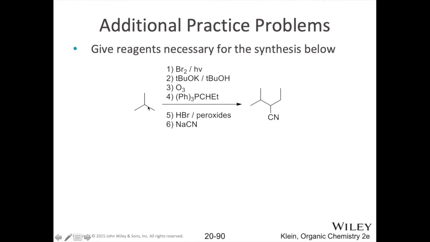You basically get a carbonyl coming off of this. If you're having trouble seeing this, once you add the ozone, you're effectively making this intermediate after the ozone step. So here's a carbonyl. You can then do a Wittig reaction using an ethyl group on your ylide, and you essentially add your ethyl group to that carbon, right?